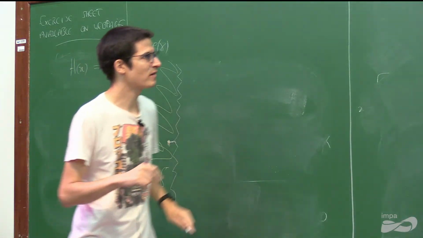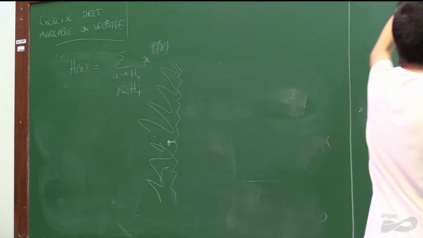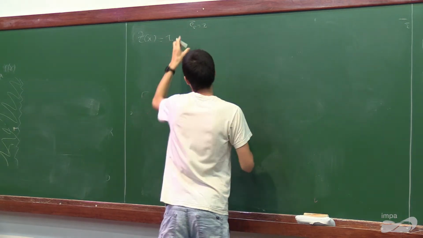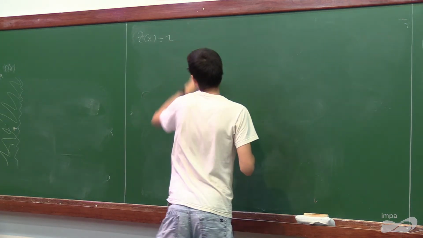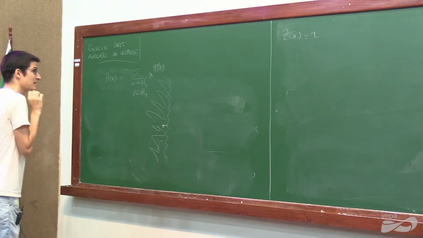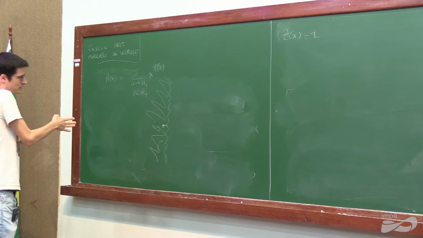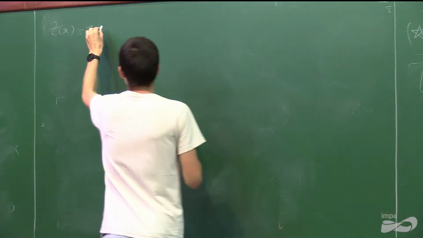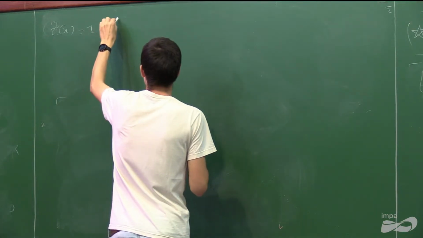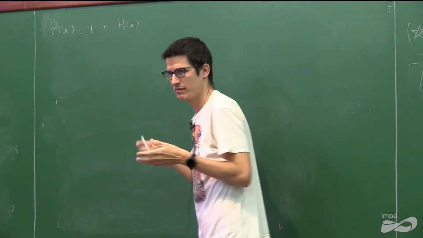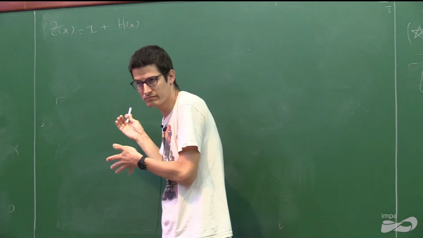In Zx, you have the walk of length 0. I said that C0 was equal to 1, so I just put this. In Zx, I have also all the walks that remain in the half plane.